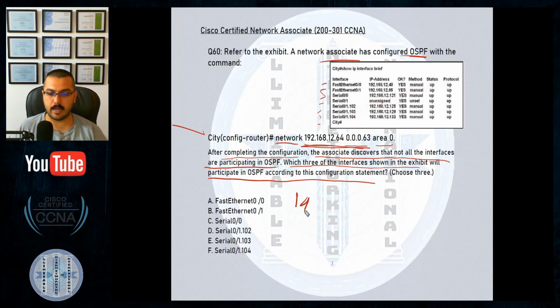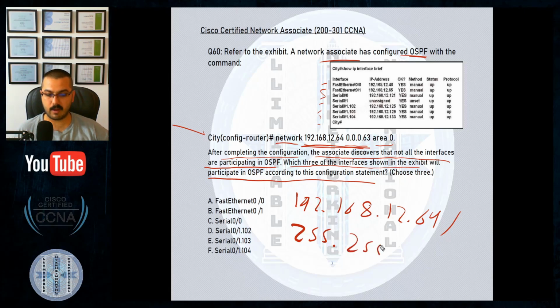This network is 192.168.12.64, and this is the wildcard mask. To invert a wildcard mask to a subnet mask, you will need the equation of 255 minus each octet. So 255 minus 0 will be 255. Dot 255 minus the second one, which is 0, will be 255.